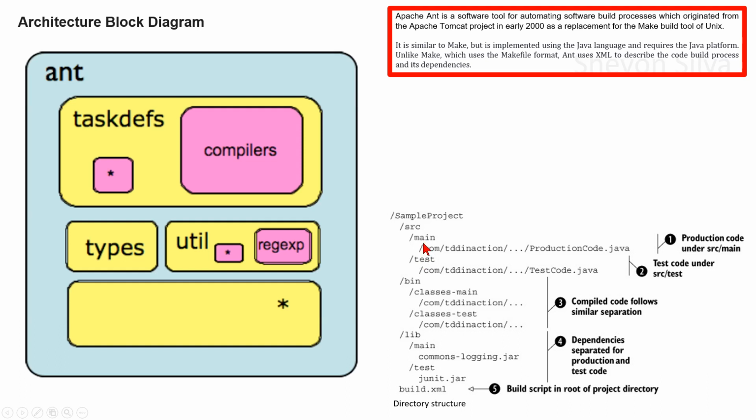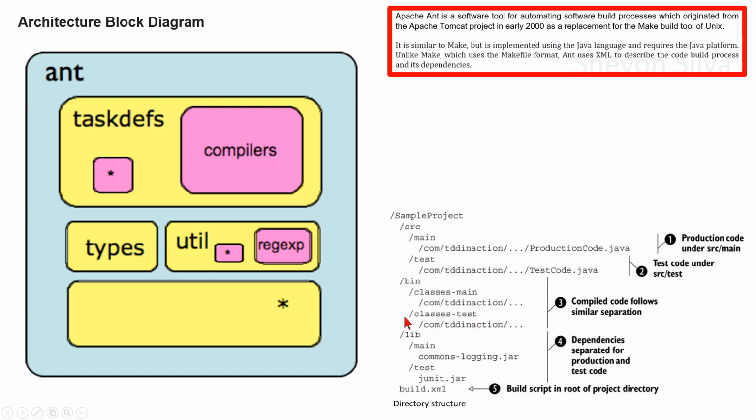Everything under X is about X, everything under Y is about Y. We also have a similar split for compiled class files. Compiled production code goes to bin/classes/main, and compiled test code goes to bin/classes/test.